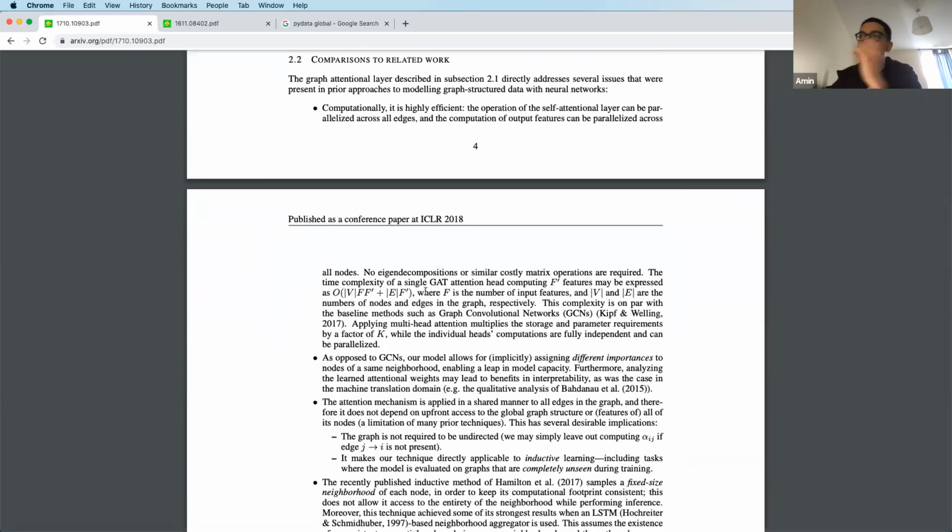As it says, as opposed to the original GCNs and the variations, there are no eigendecompositions and other operations which don't scale linearly in the number of vertices and edges.